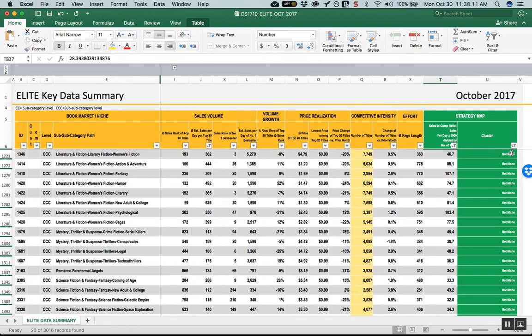So if I wanted to only see the hot sale, I could do that. If I only wanted to see a sales to competition ratio over 50, I can do that. If I only wanted to see a number of titles below 5,000, I could do that.